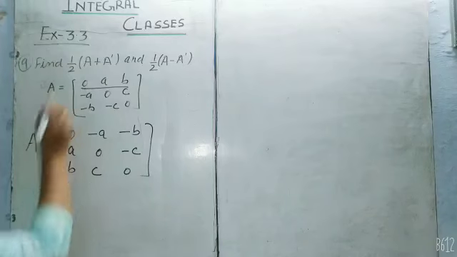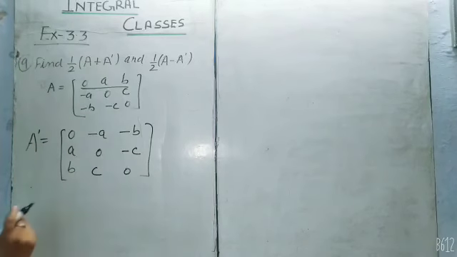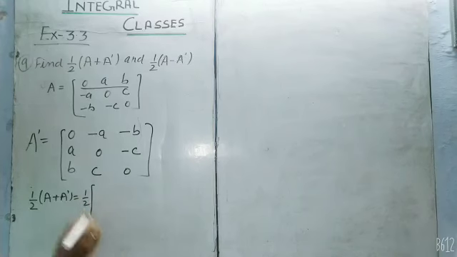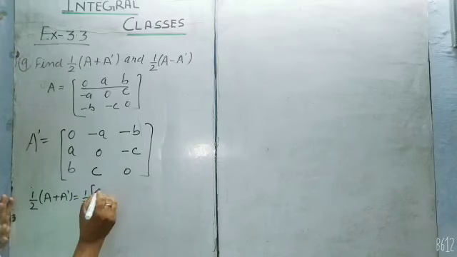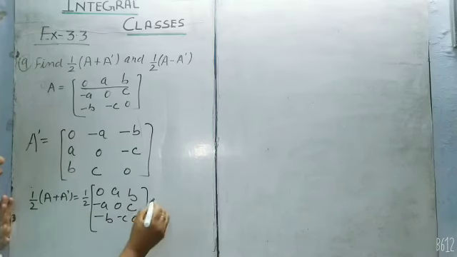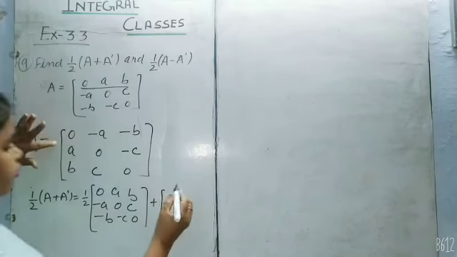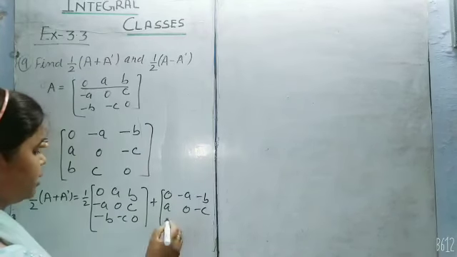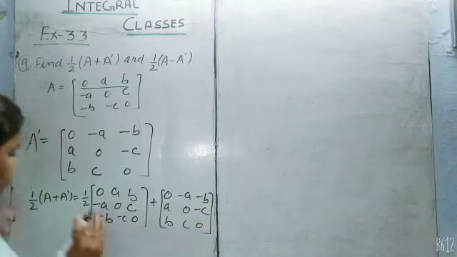Now first we will find half of A plus A transpose. So 1 by 2 of A plus A transpose. Now put the value of A here: 0 A B, minus A 0 C, minus B minus C 0, plus A transpose which is 0 minus A minus B, A 0 minus C, B C 0.